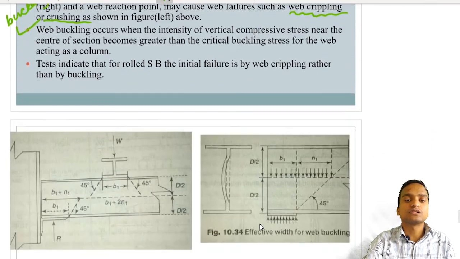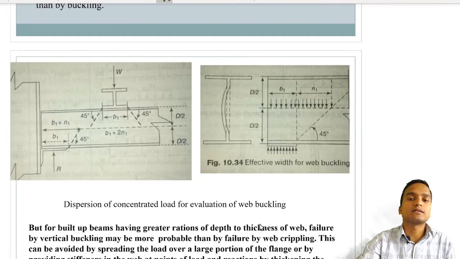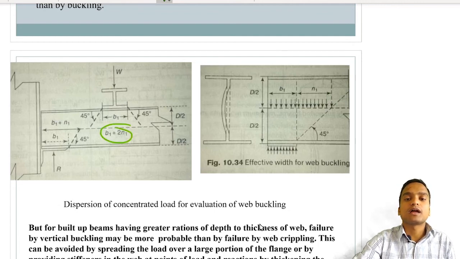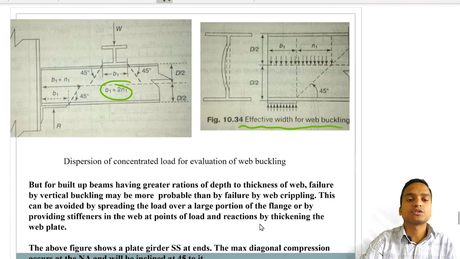So this is how you can see the web crippling here, and you can see here the point load being applied on a beam, and you can see all the dimensions b1 plus 2n1, and this is the effective width for web buckling being shown here.